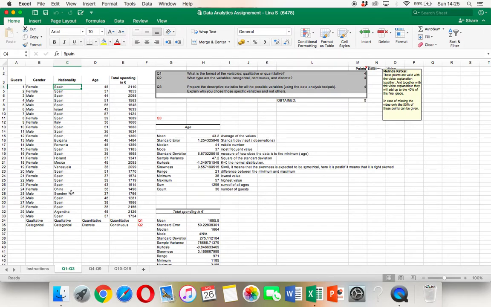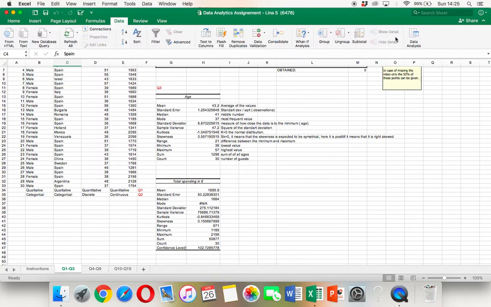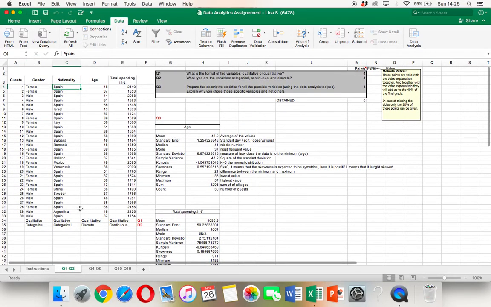Okay, so I have done these tables thanks to the data analysis toolpack, and it gave me all sorts of descriptive statistics which help me analyze the observations that I have for their age and for their spendings. I'll just give an explanation of what those values mean.